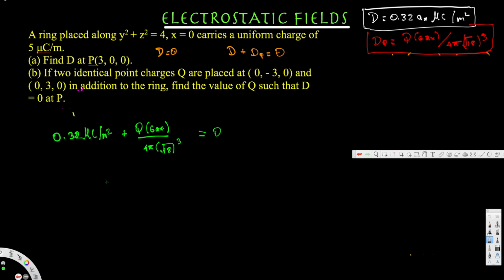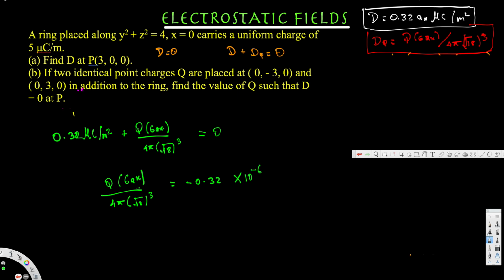So Q times 6ax over 45 times square root of 18 cubed is equal to, if I move this one to the other side, negative 0.32. Since this is micro, we have to multiply this one by 10 to the power minus 6.